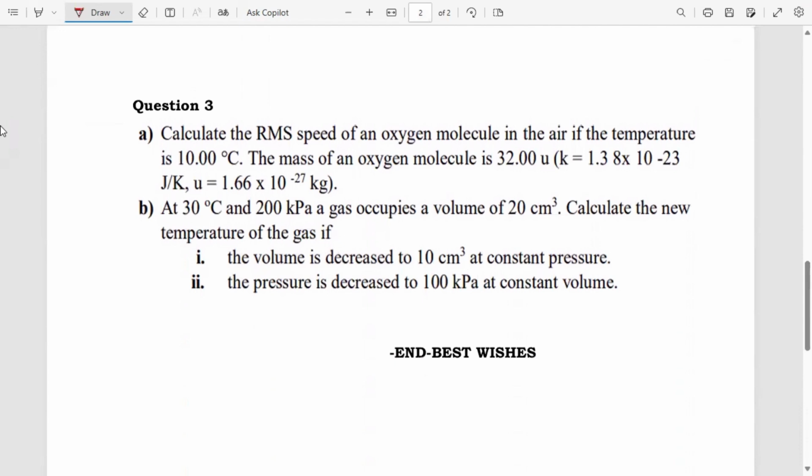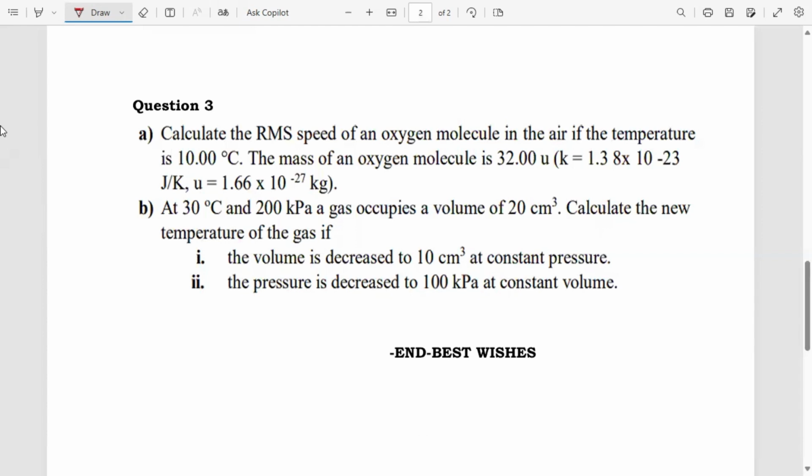So, question 3, part A is saying, calculate the root mean square speed of an oxygen molecule in the air if the temperature is 10.0 degrees Celsius. The mass of the oxygen molecule is 32.00.